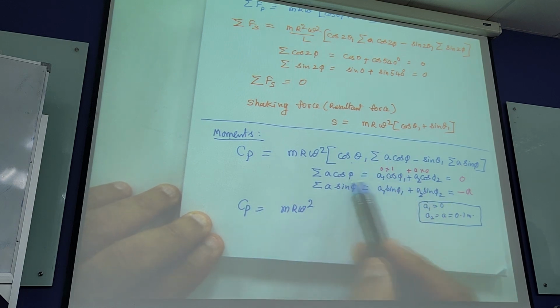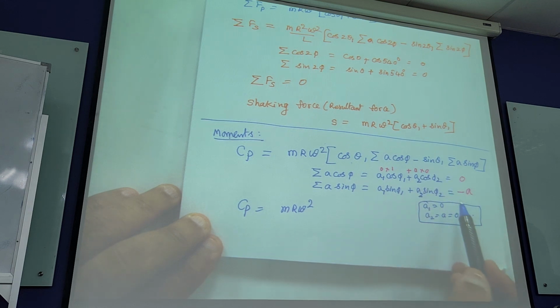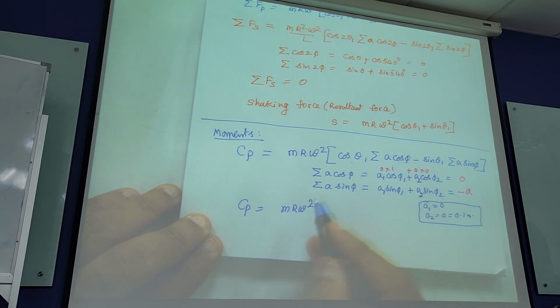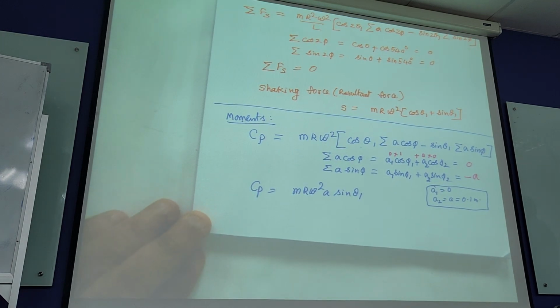Since the sum of A cos phi is 0, the whole thing will be 0. Then minus sin theta 1 into the sum of this, which is minus A. So minus of minus will be plus, so you will have A sin theta 1. The primary moment is simply mr omega square into A sin theta 1.